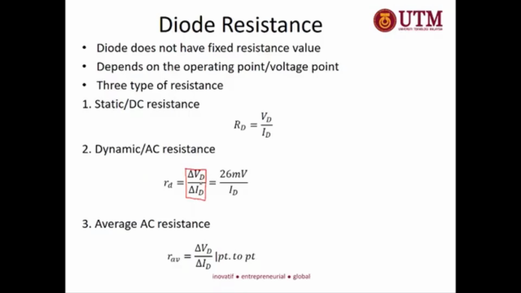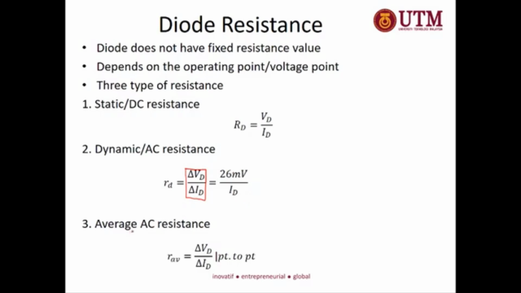Delta VD over delta ID can be solved by differentiating the exponential equation given in the previous slide, but here we will not discuss that in detail. At the end, the equation will be RD is equal to 26 millivolt over ID.